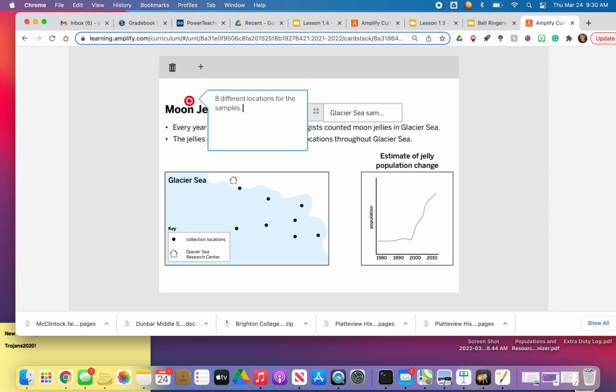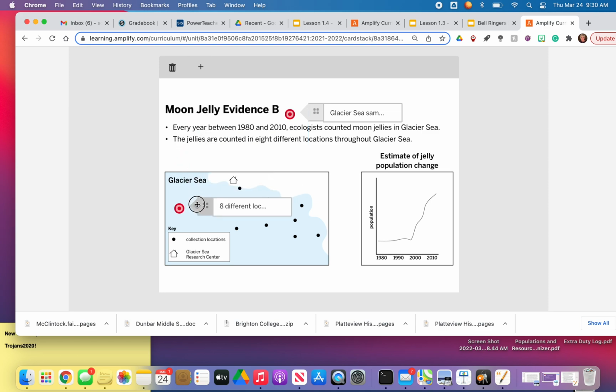And then I'm going to say near the beach and, let's see, we want to say maybe near the beach and in deeper water. So we've got a really good sample here. So I'm going to move that down here so I can remember what this says.